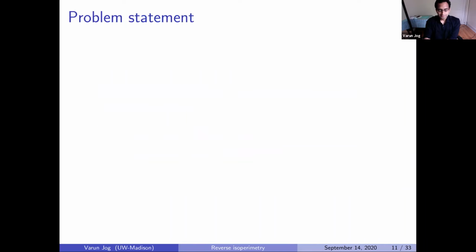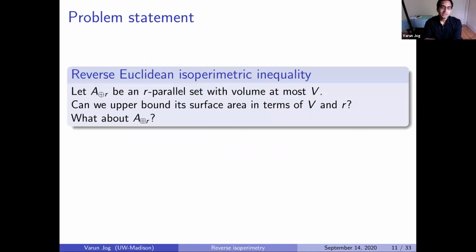Okay, so here's the problem statement, what we want to prove. Take an R-parallel set with a volume at most V. So the set A circle plus R has volume V. How big can its surface area be? Clearly the surface area has to depend on both V and R. It will depend on V because the larger the volume, the larger the surface area you could have.